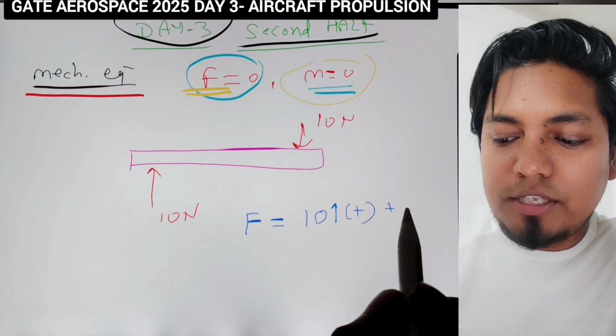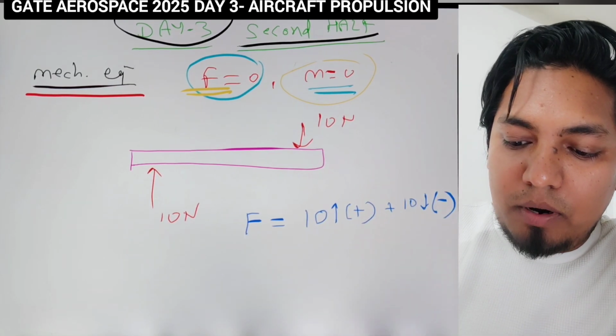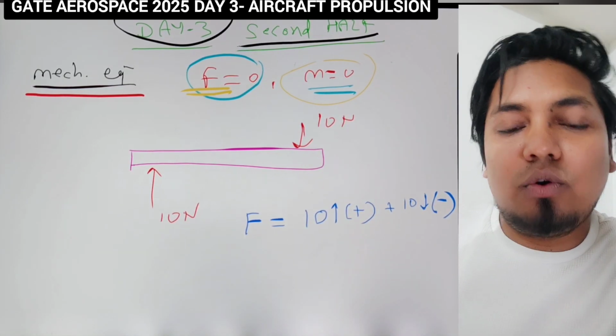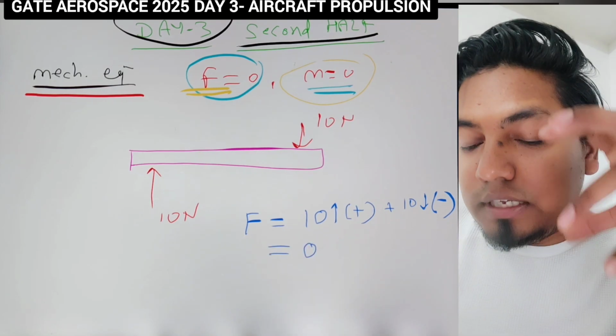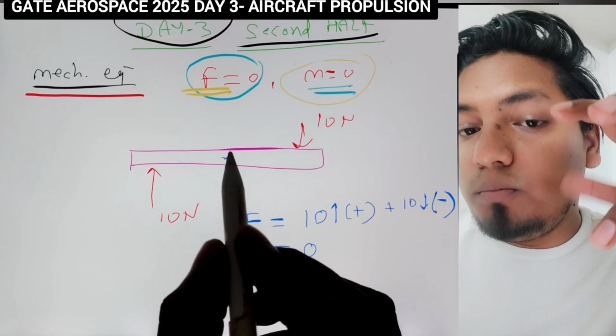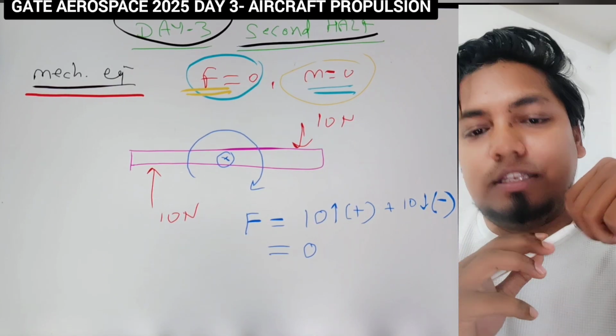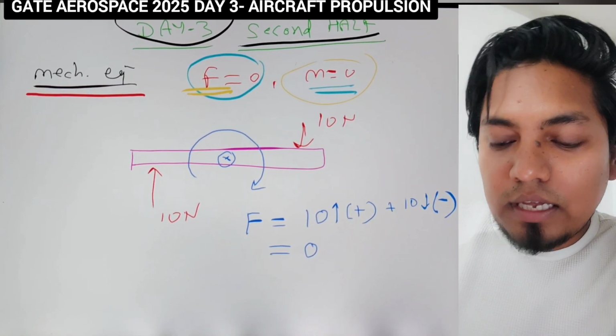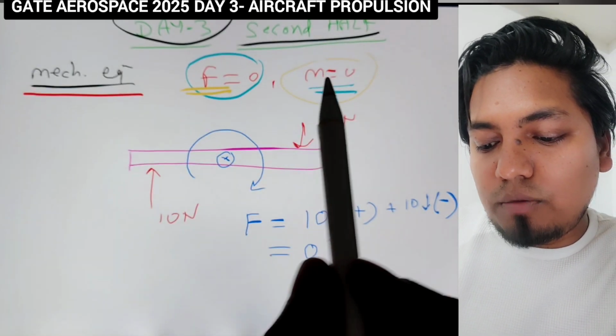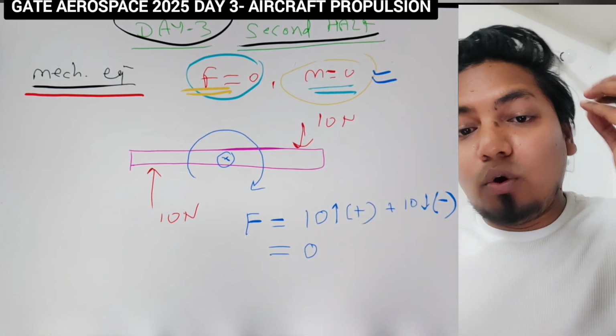So the final force is coming 0. But about this point, this guy will start rotating. So you can clearly see force is 0, but still motion is there. That's why we separately say all the moments should be balanced. It means if all the forces are 0, it does not mean that the moment will also be 0.